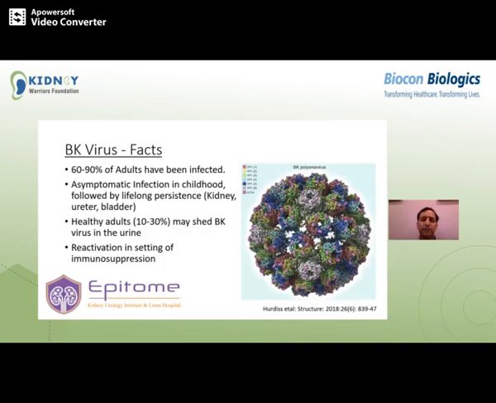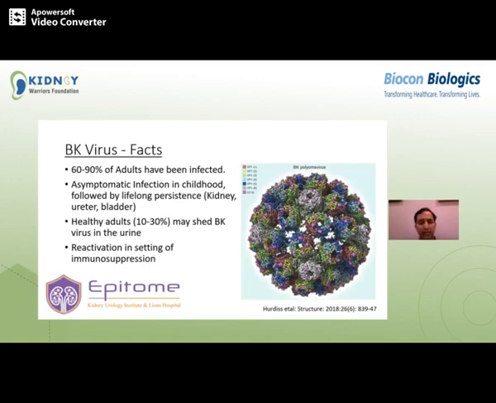So BK virus, about 60 to 90% of adults would have had infection with this virus at some point in their life. So now we are talking about general adults. So all adults in the world at some point would have had an infection. The infection is usually an asymptomatic infection that they would have had in childhood. And then this virus kind of hides and has a lifelong persistence in the kidney, ureter, or bladder, or all of them.